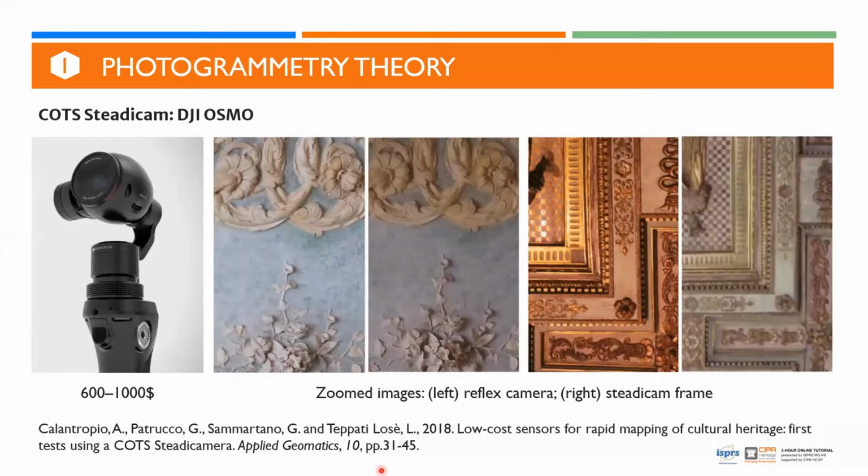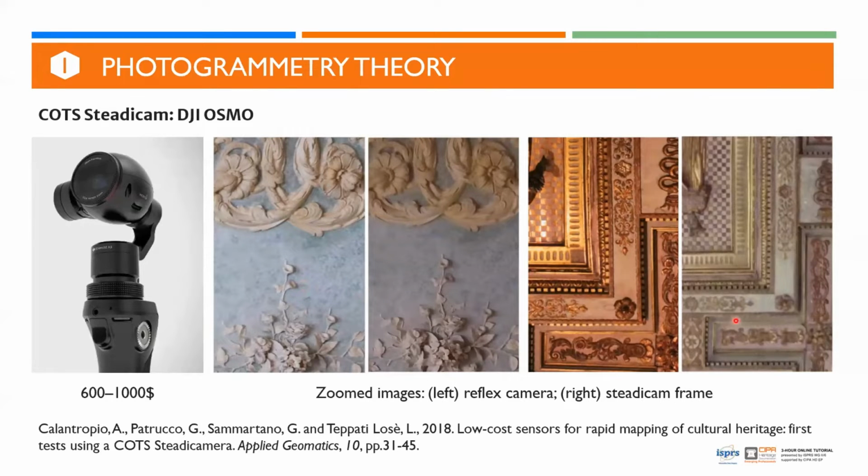And here I just wanted to show you an example that was carried out on a cultural heritage case study. The camera was this DJI Osmo. And here you can see the difference. So on the right, you have the image acquired with the Osmo, and on the left, those acquired with a reflex camera.